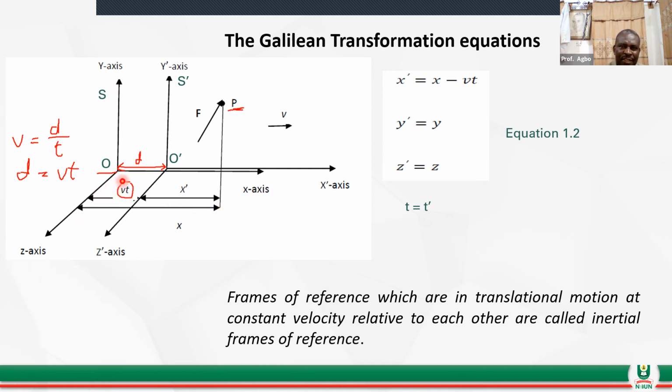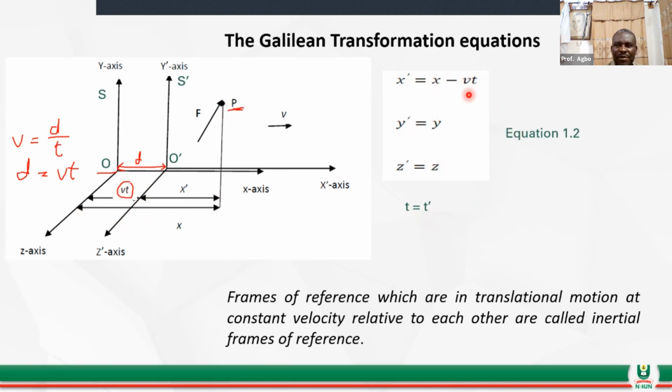But remember that this frame has moved a distance of vt, and the distance of the observer from the object to be measured is x prime. So x is equal to x prime plus vt. Making x prime the subject of the formula, x prime is equal to x minus vt. Because there is no movement along the y-axis, y prime is equal to y, z prime is equal to z, and t is equal to t prime.